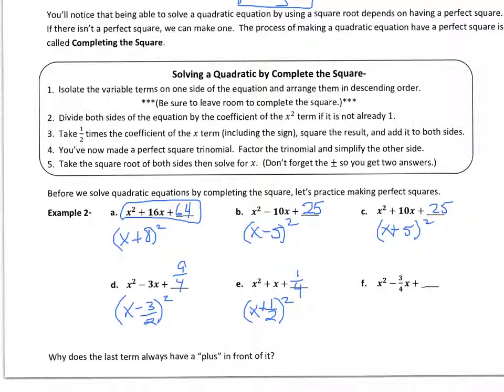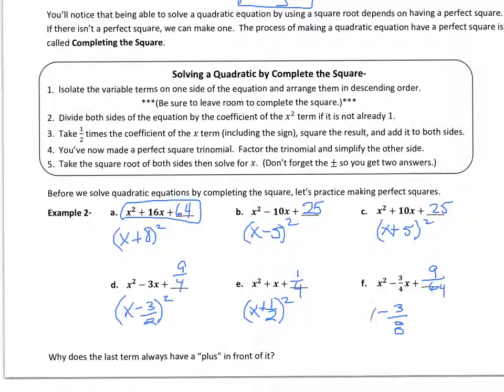All right, now what's part F here? What's half of minus 3 fourths? Minus 3/8. Good. And then 3/8 squared is? Say 9/64. So again, as ugly as that looks, x squared minus 3/4 x plus 9/64, that is a perfect square trinomial.